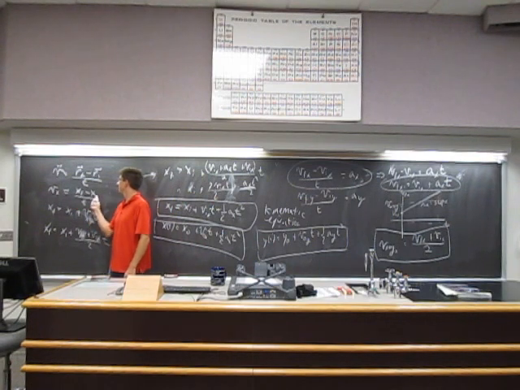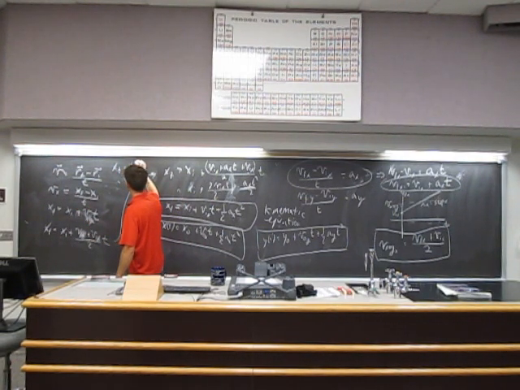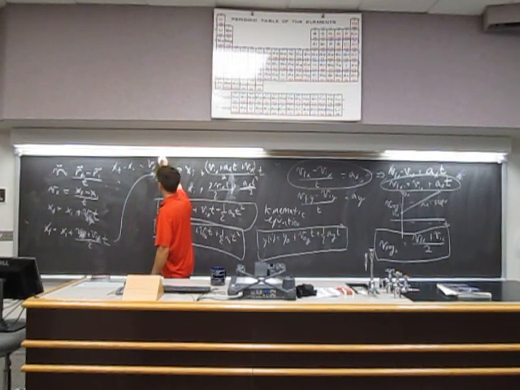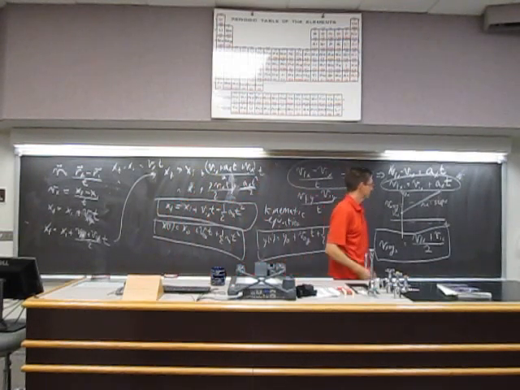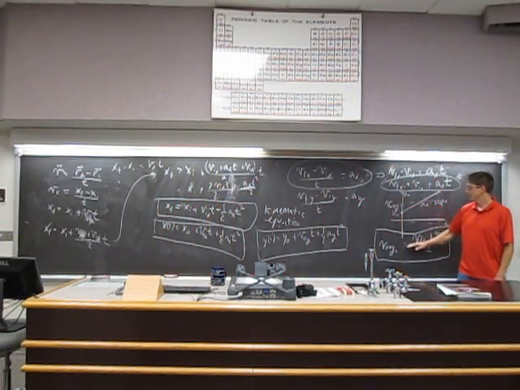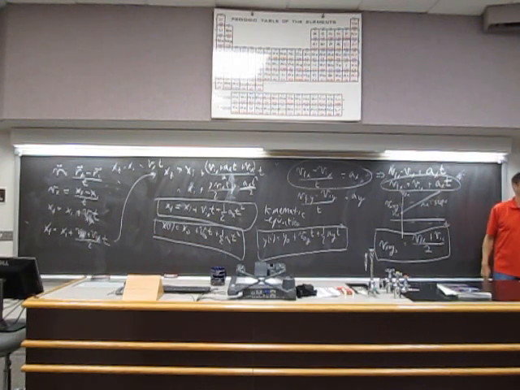The distance traveled, x final minus x initial, is just velocity times time, and we just plug in an average velocity there. And the average velocity involves an acceleration. Make sense? This, by the way, assumed a constant acceleration.